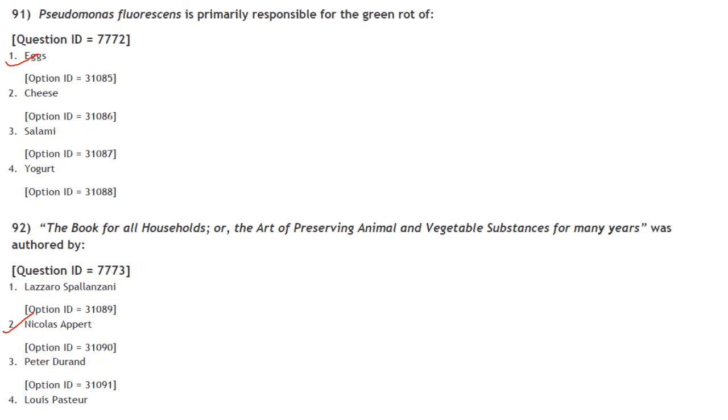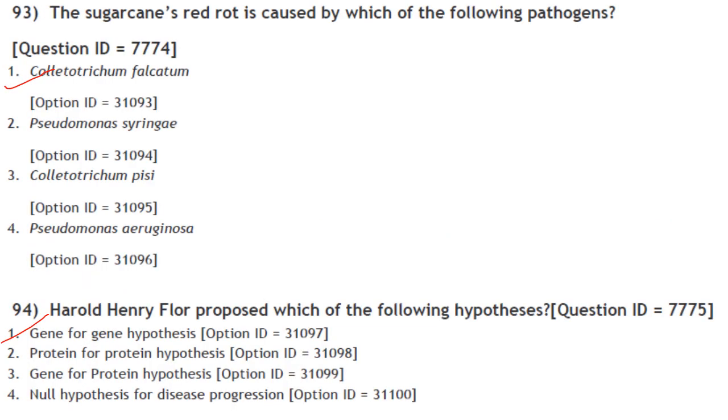Pseudomonas fluorescens is primarily responsible for the green rot of eggs. The book for all households, or the art of preserving animal and vegetable substances for many years, was authored by Nicholas Appert. Sugarcane's red rot is caused by which of the following organisms?